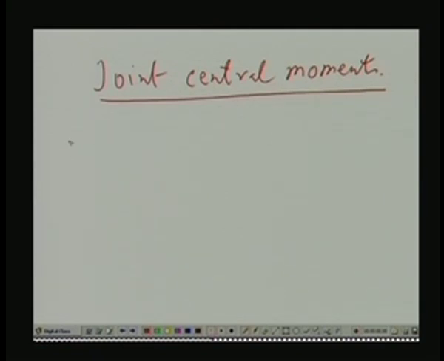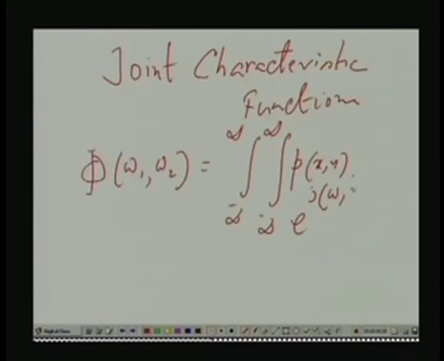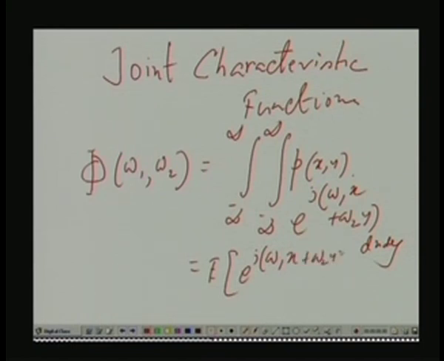Here you can call it M prime kr. The joint characteristic function is actually the expected value of e to the power j(omega 1 x plus omega 2 y).